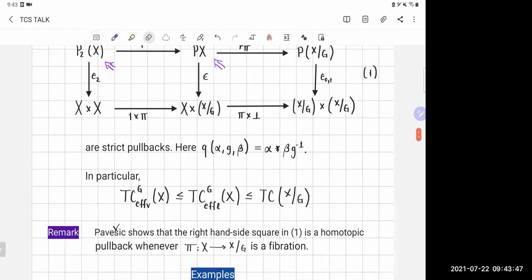Pavesic shows that this square is a homotopy pullback whenever the projection is a fibration.